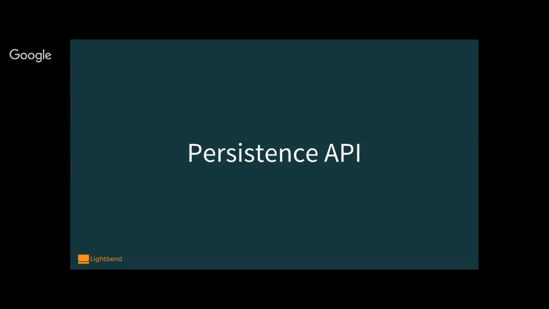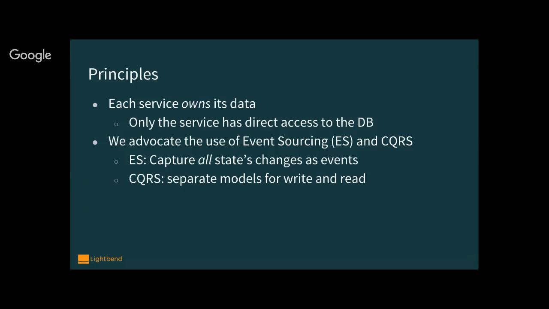The next piece is the persistence API, and it is built on top of a couple of different principles. The first one is that each service has its own data. In the development environment, that means each microservice is going to have its own instance of Cassandra running, and that's driven by configuration as well. When you go to production, you would most likely have a distributed version of Cassandra and so forth.